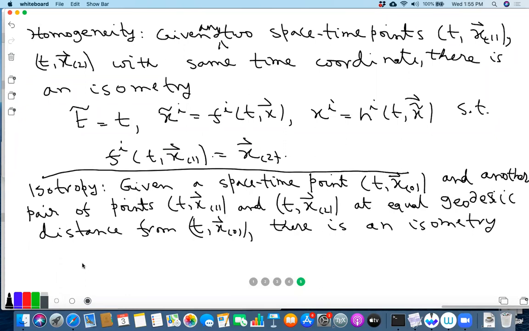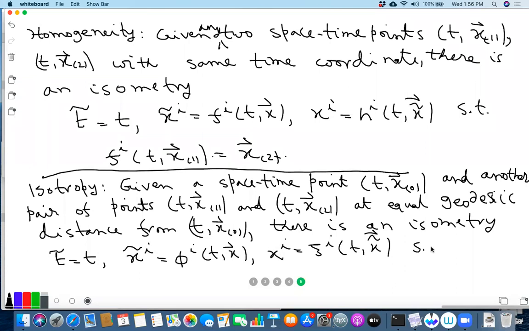Again, the isometry will take the form t tilde equal to t, and x tilde i. Let's use some other symbol now, maybe φ_i of (t, x). The reverse is, let's say, ξ_i of (t, x tilde).